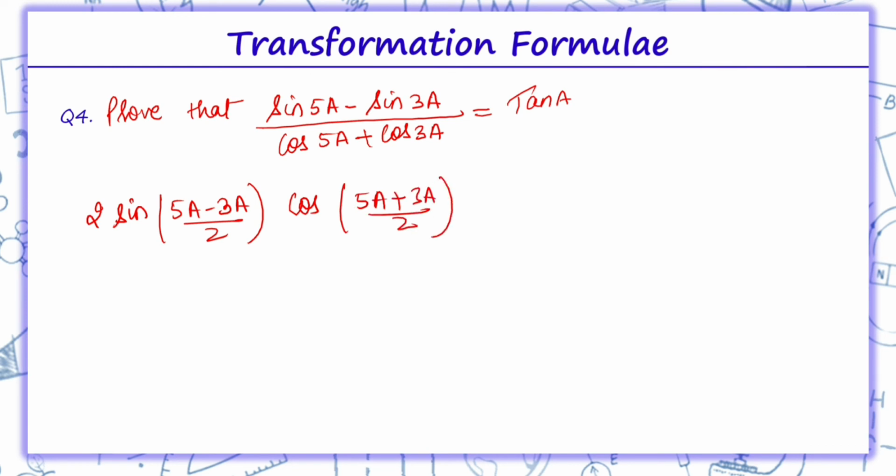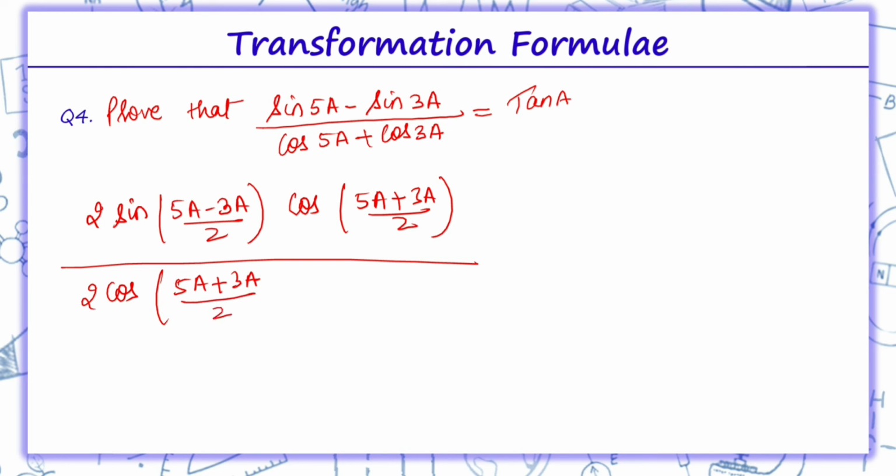We applied only the identity. Again over here cos C plus cos D, the identity for it is 2 cos C plus D by 2. So we'll get 5a plus 3a by 2 into cos 5a minus 3a by 2.